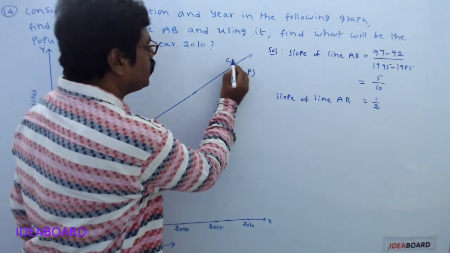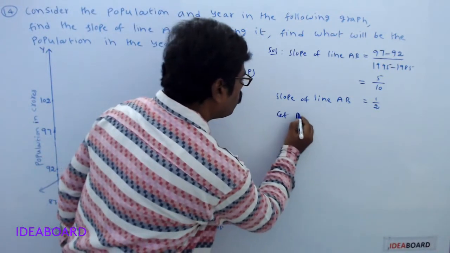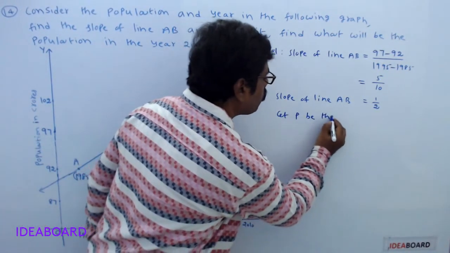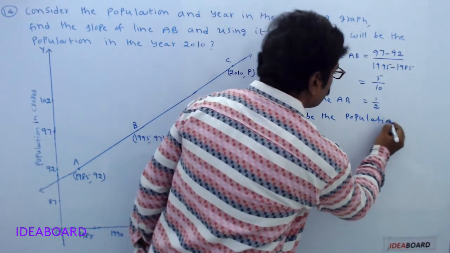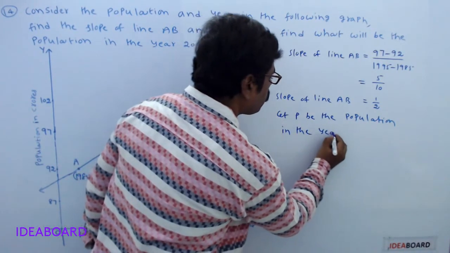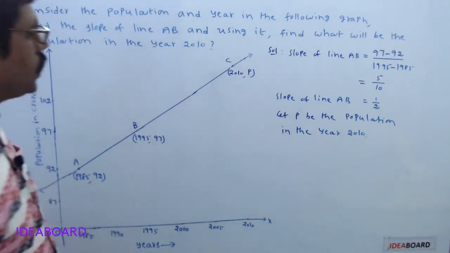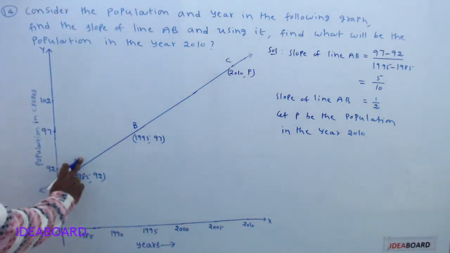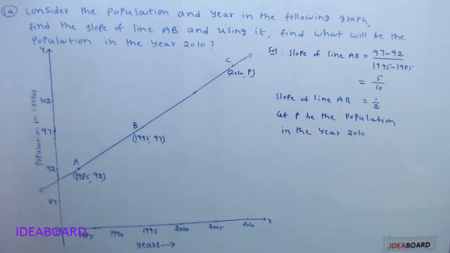Now denote this point with a C. What is your assumption? Let P be the population in the year 2010. If you look at the diagram, the 3 points A, B, C lie on the same line.